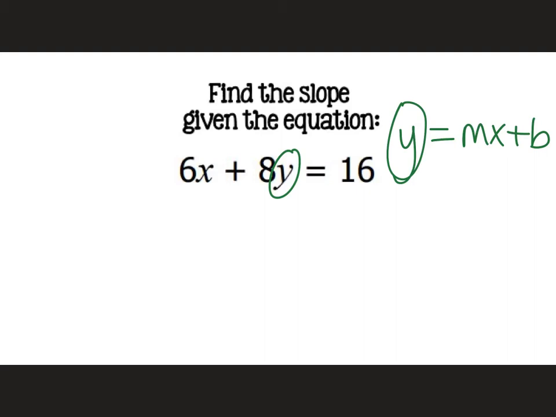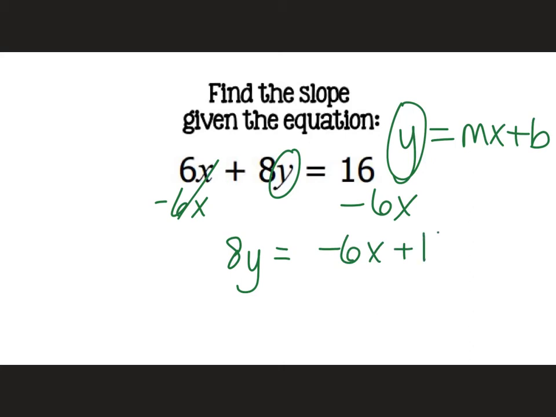Okay, so we've got to get y by itself. I'm going to subtract 6x on both sides. So we have 8y equals negative 6x plus 16. Now we still have to get y by itself, so we're going to divide everything by 8.